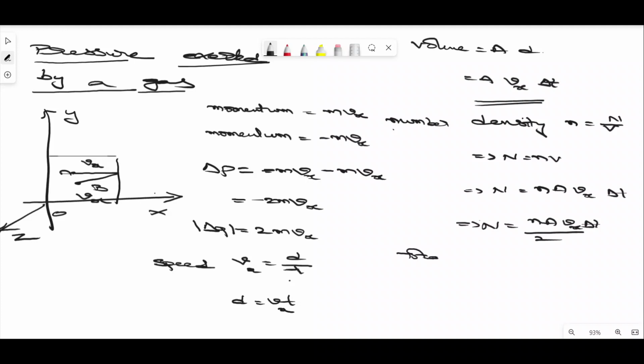Then the total momentum in this condition is given as n into A into V suffix S into delta T by 2 into delta P.